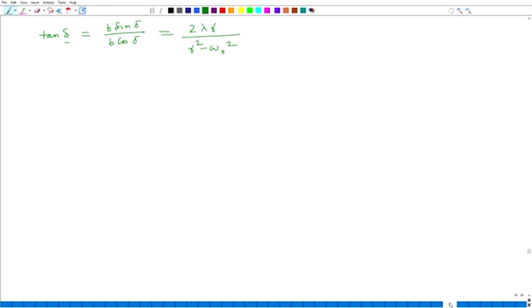So you can finally write that my z is nothing but B e to the power i gamma t. I write B as B e to the i delta times e to the i gamma t. So this B times e to the i gamma t plus delta will be my z.